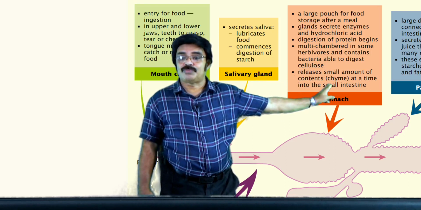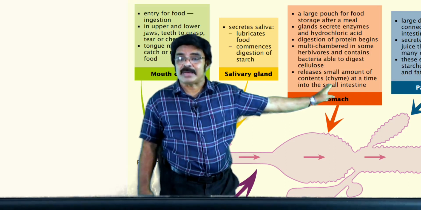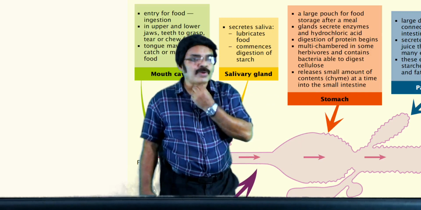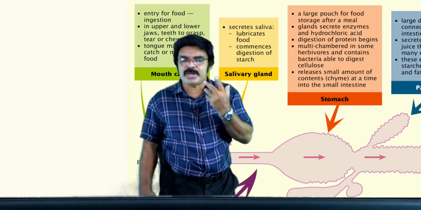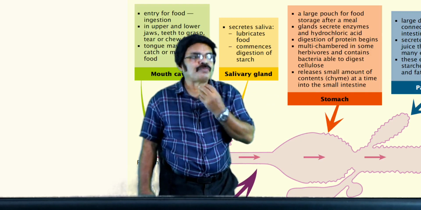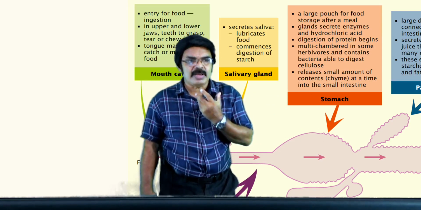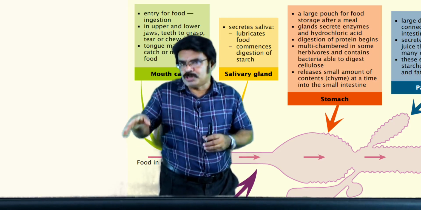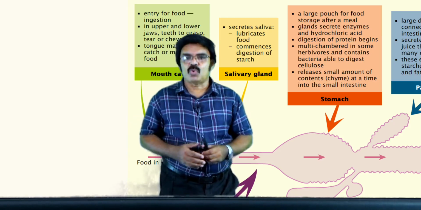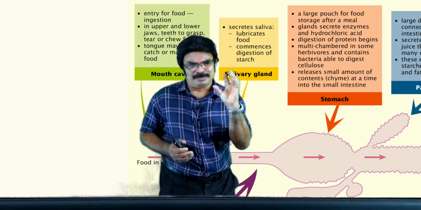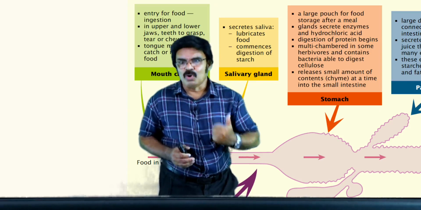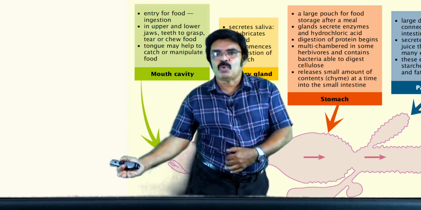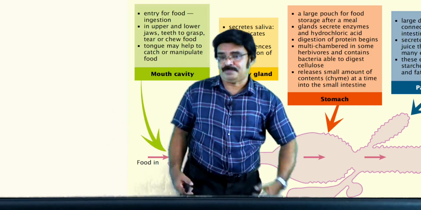The stomach releases a really small amount of contents, chyme, at a time into the small intestine. So when we digest food in the buccal cavity, the form of food that goes into the esophagus is called bolus. But from the stomach, the food that goes to the small intestine is called chyme.